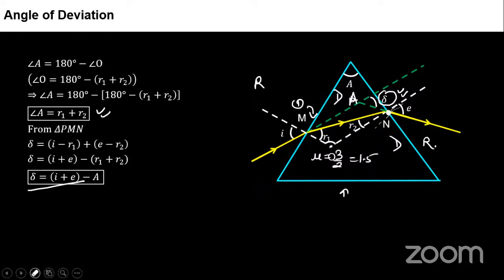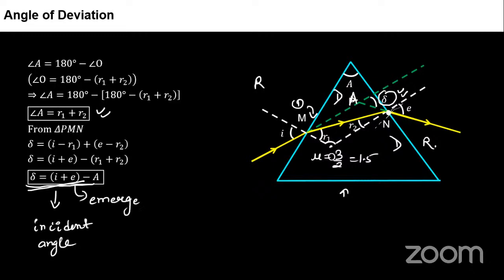The angle of deviation, students, equals the incident angle i plus the emergent angle e, minus A, the angle of prism.